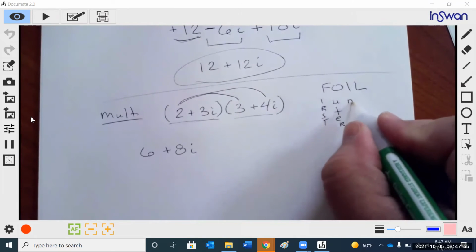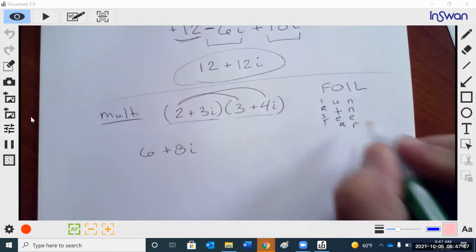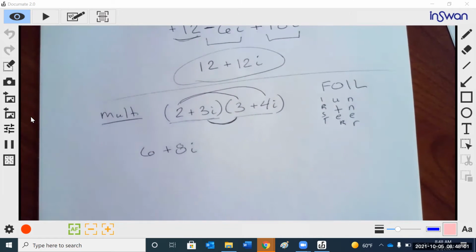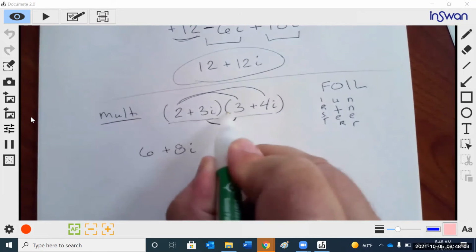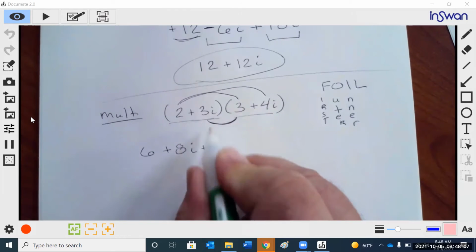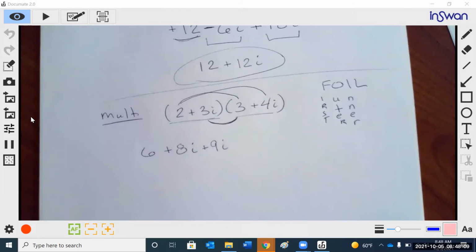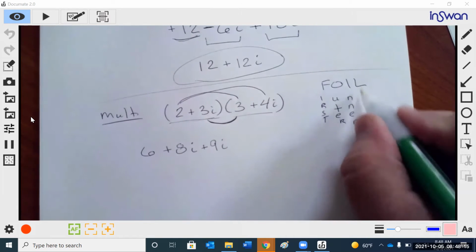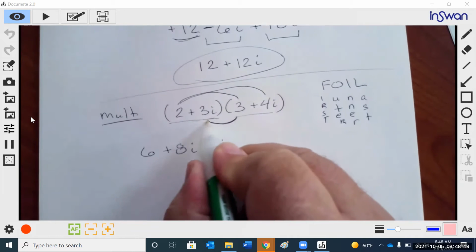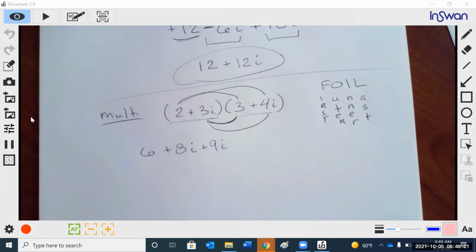The I stands for inner. These are the inner ones. They're both positive. 3 times 3 is 9i. And the L stands for last. The 3i and the 4i. 3i times 4i.